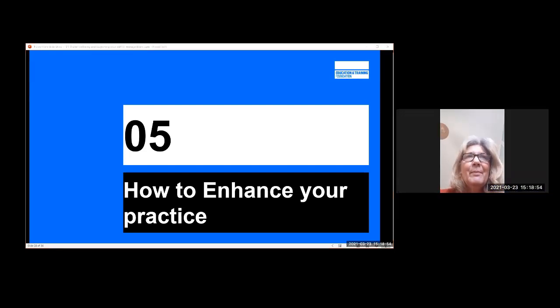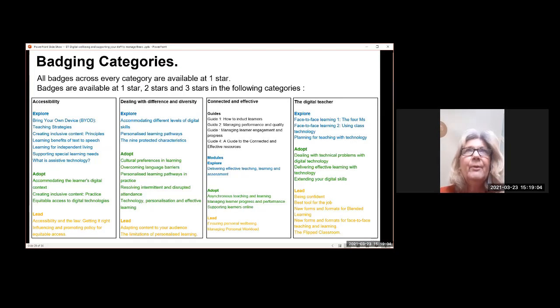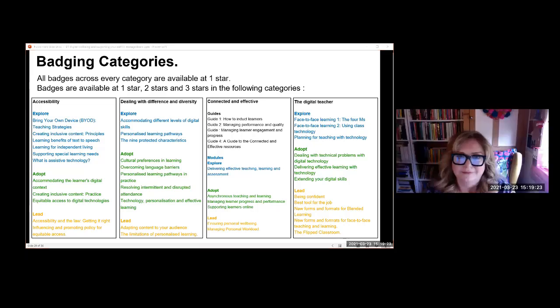So I'm going to take you through a little bit more information about the badges. Sarah was telling you a little bit about them, so let's look at them in a little bit more detail. Looking at the badge categories. A badge is a way of evidencing that teachers or trainers have taken a bite-sized bit of learning from one or more of the modules that Sarah talked about and applied it to their role in teaching practice.